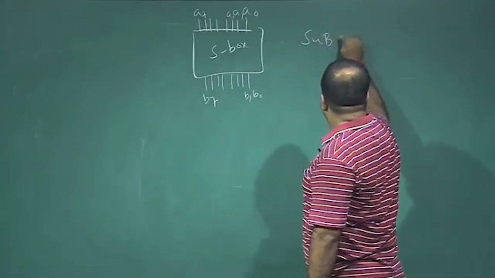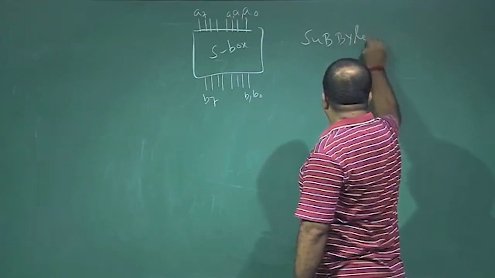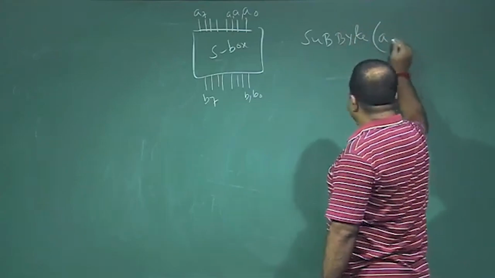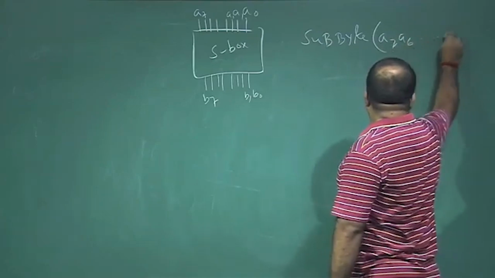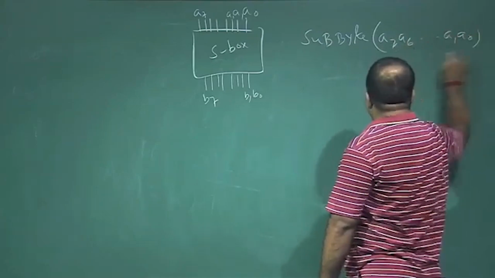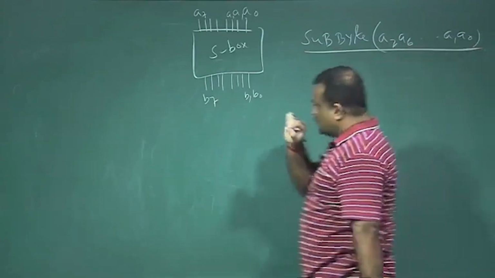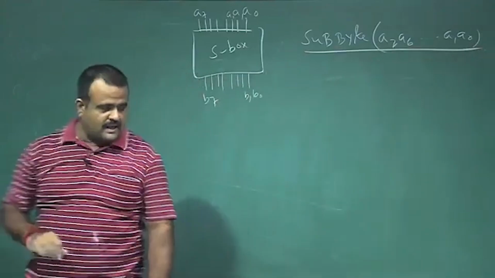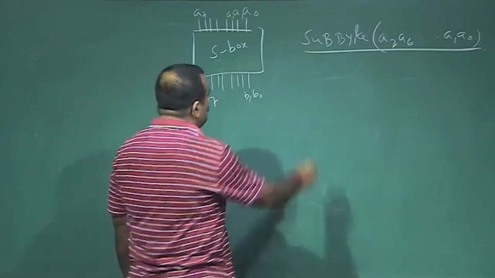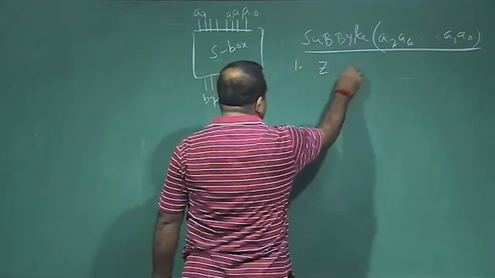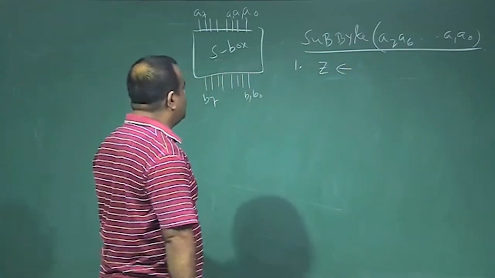The sub byte operation is taking input, say A0 to A7, and it should give us the output B0 to B7. So what we are doing is converting this into the field.